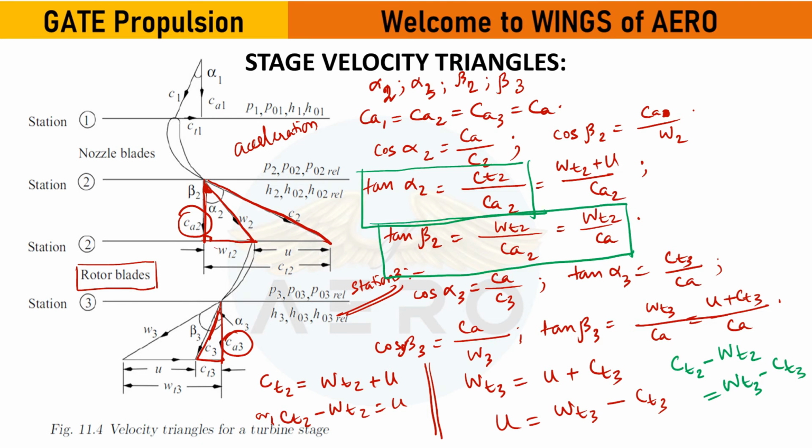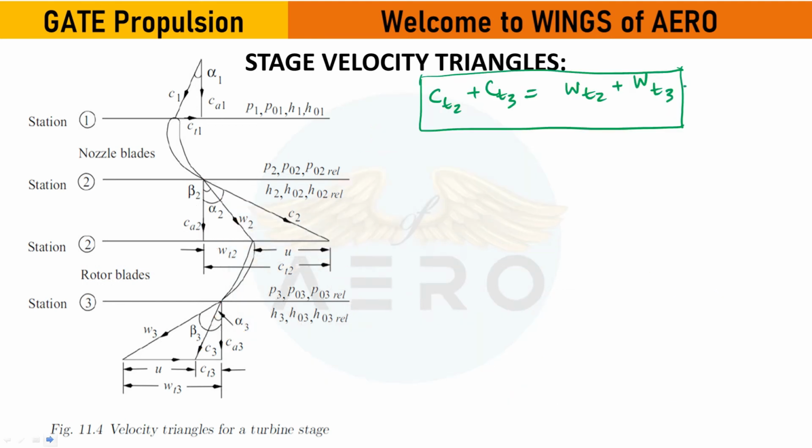Then we had a relation with CT3, then WT3 relation, right? Now if I want to substitute these values, what will I get?